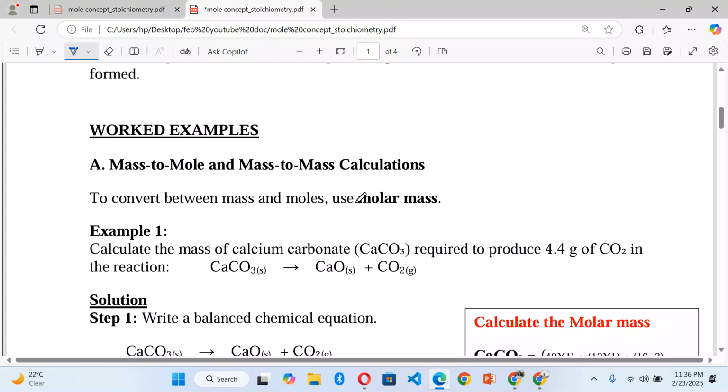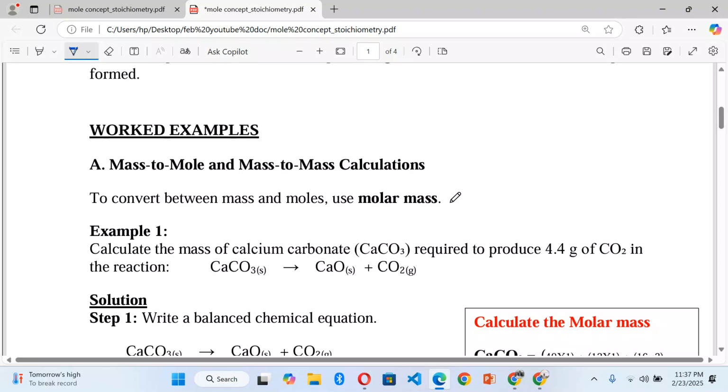Then if we are talking about the molar mass of a compound, we're able to see how to calculate the molar mass of a given compound. We shall be reminding ourselves how to calculate the molar mass of calcium carbonate, of calcium oxide, of any other compound that you have.